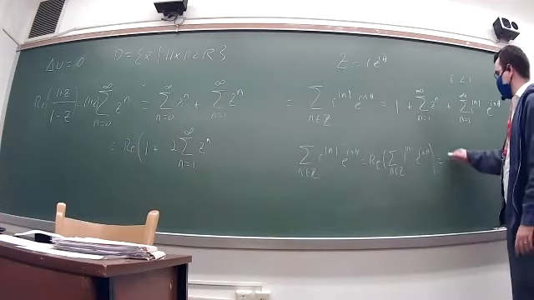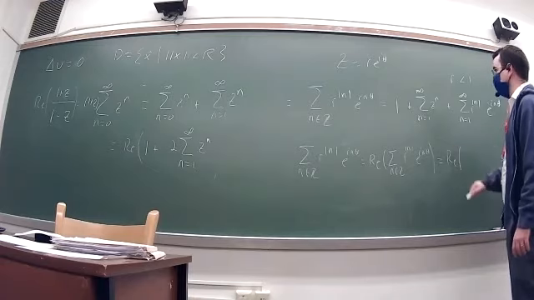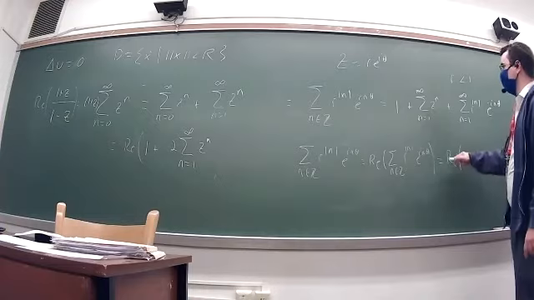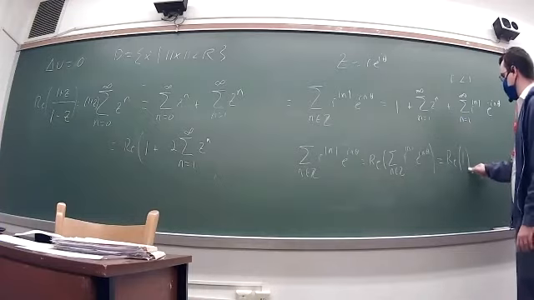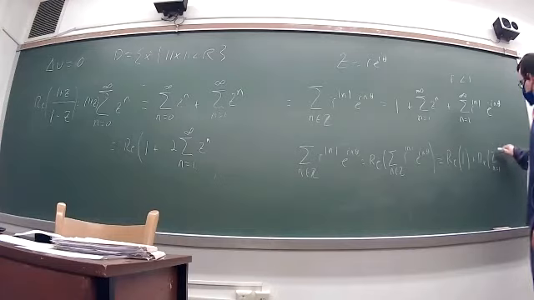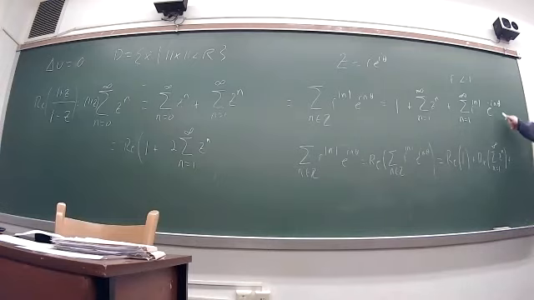And so therefore it's equal to the real part of, and taking the real part of something is linear, so it's equal to the real part of 1 plus the real part of the sum of z to the n, plus the real part of this.